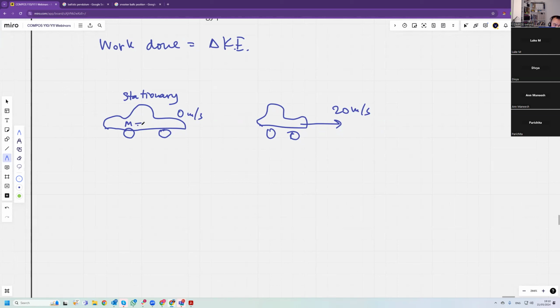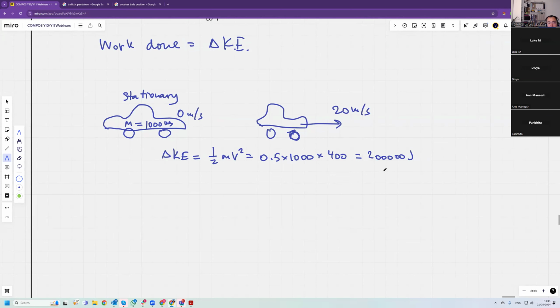Let's take the mass. The mass of the car, let's let it be 1,000 kilograms. So the change in kinetic energy of the car is 1/2 mv squared, which is 0.5 times 1,000 times 400, which is something like 200,000 joules. Does that sound right? 0.5 times 1,000 times 20 squared, 200,000 joules.